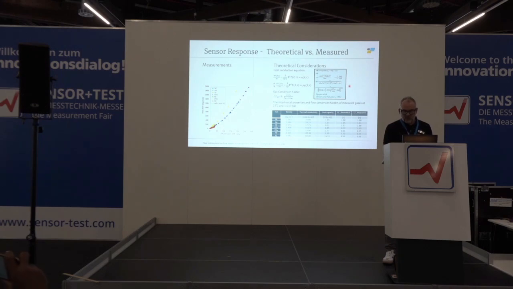And so here you see this theoretical conversion factor, and here is the measured conversion factor. You see for helium, for nitrogen and air, it fits perfectly. For argon, it's not quite the same. For CO2 as well. So it depends on your manifold flow conditions on your specific sensor.